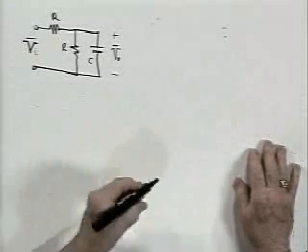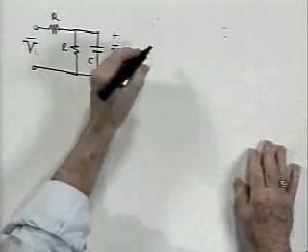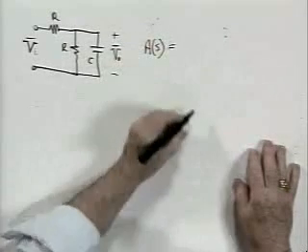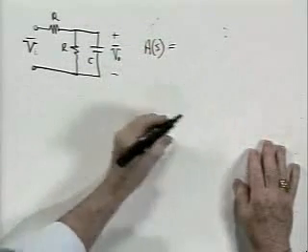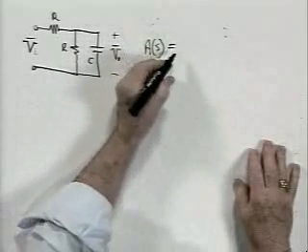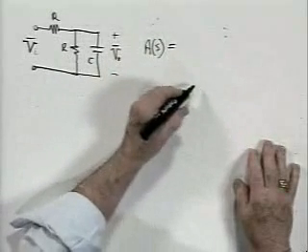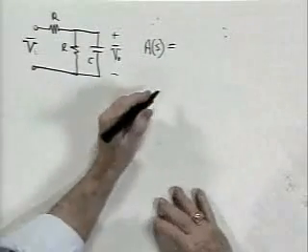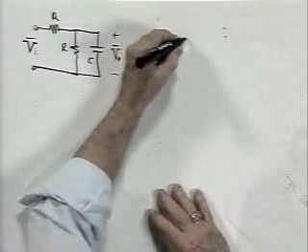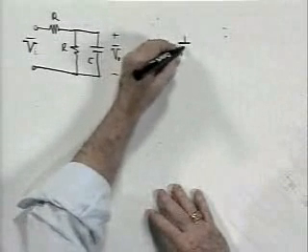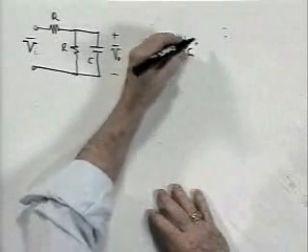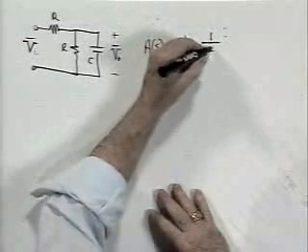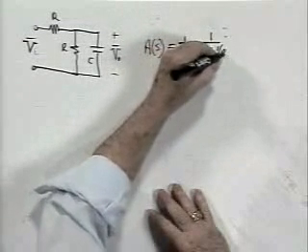If you work through the transfer function of that, you end up with A of S. I'm not going to do the arithmetic here. It's done in lecture notes. A of S equals 1 over RC times 1 over S plus 1 over RC.